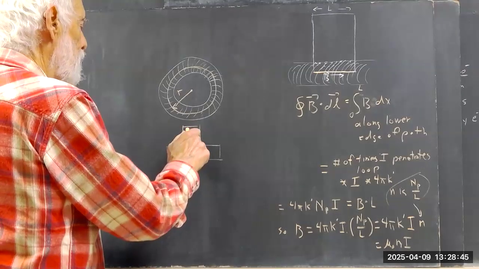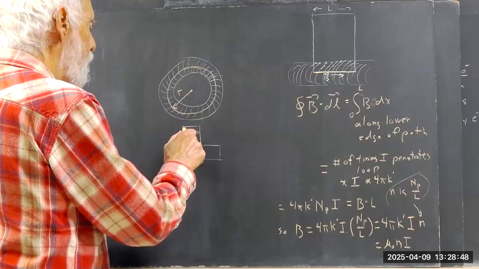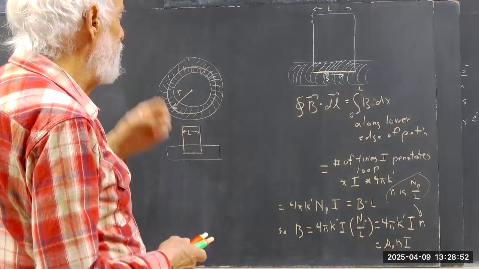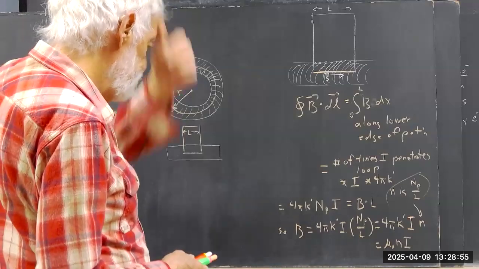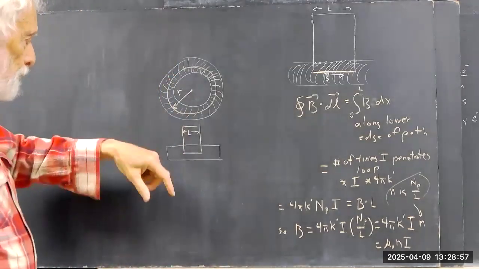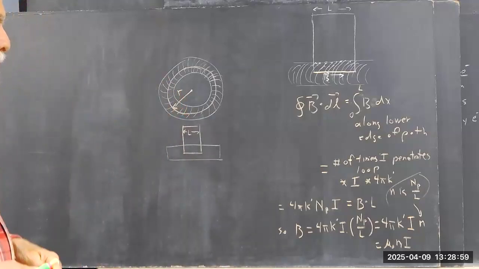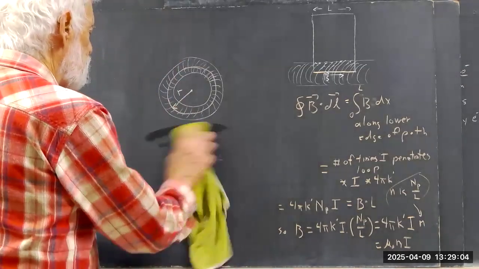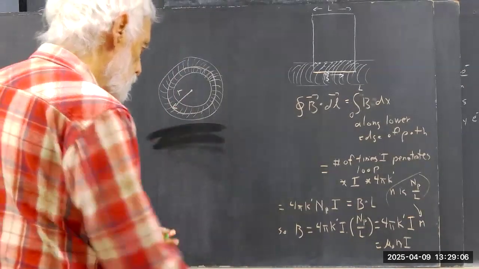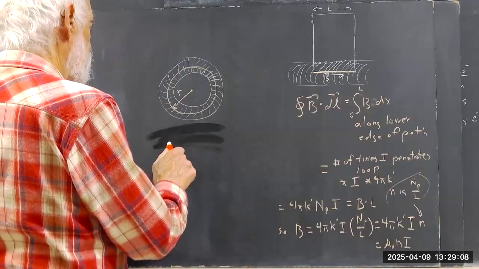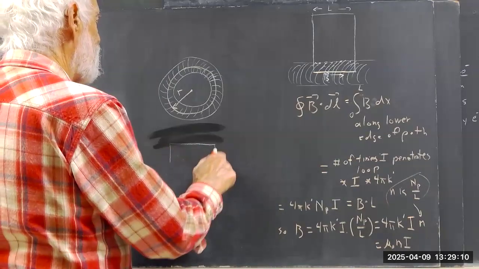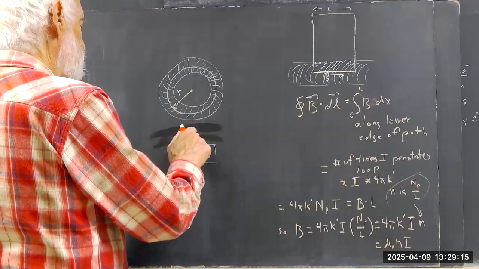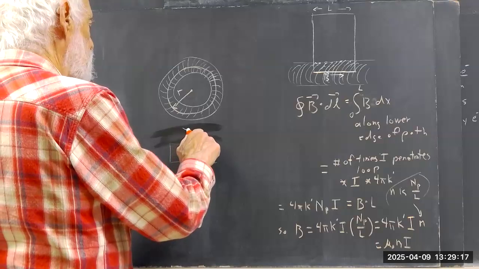So here's L. Your book will have a better picture. And let me redraw the picture. Should have drawn it to show that this thing has an arc. Okay, so here's kind of a blind side view, modified, whatever.